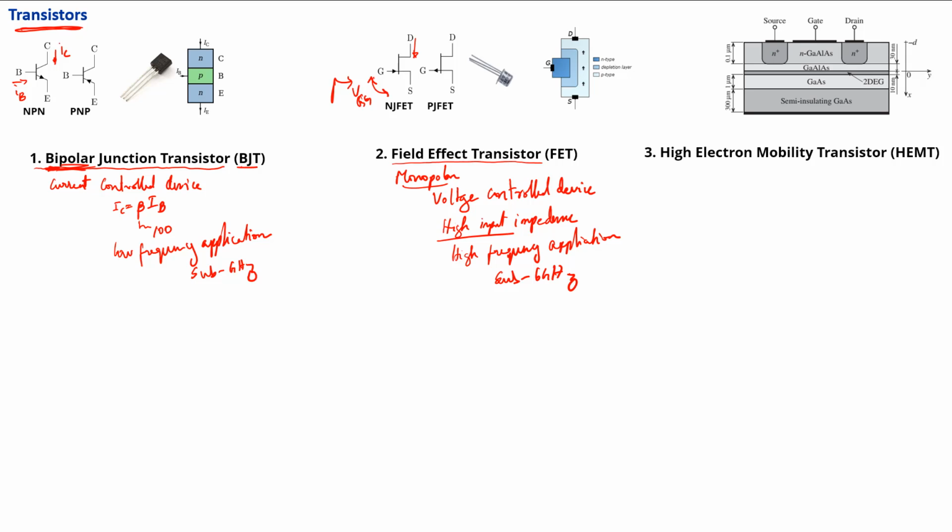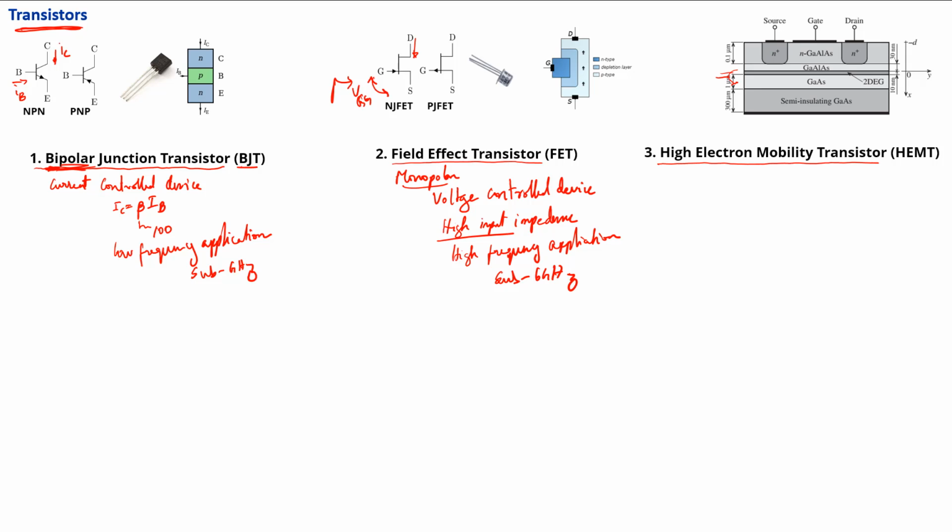The third category is the high electron mobility transistor, which is essentially like a FET, but the channel is a very thin layer, and usually it has two different materials for the channel stacked up in layers.